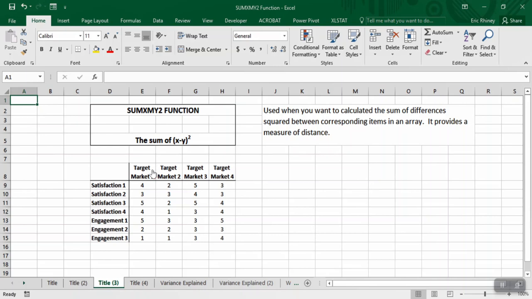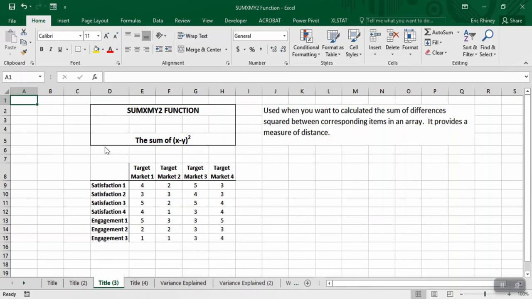We can measure the distance between target market 1 and target market 2, or target market 1 and target market 3, target market 2 and target market 3, etc. We can use this to see how closely two target markets are to each other or how far apart they are, and maybe we want to combine two target markets, or combine efforts and create some efficiency if we know that two target markets are similar to each other.